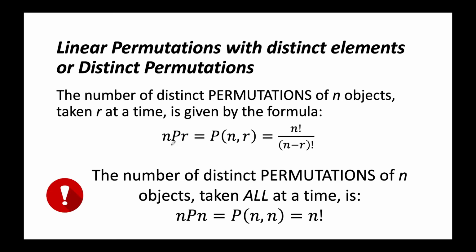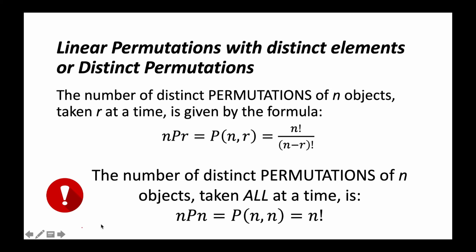We also have to take note that if we are trying to get the number of distinct permutations taken all at a time, or arrange all the things that we have all together, then that would be nPn, which is also equal to n factorial.